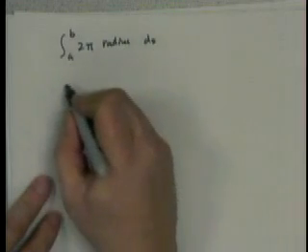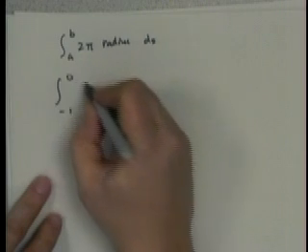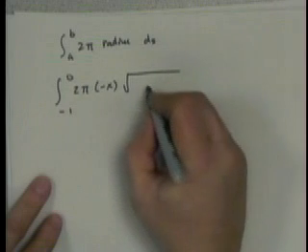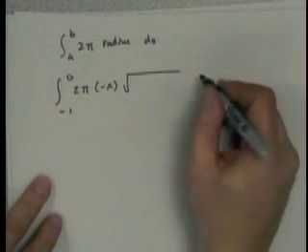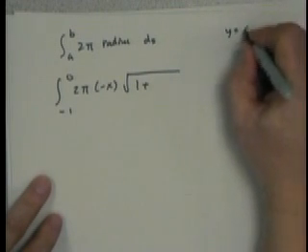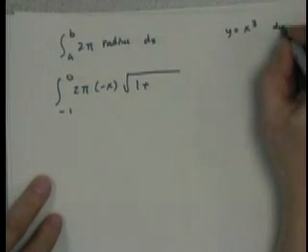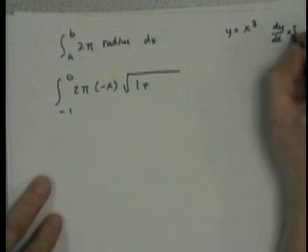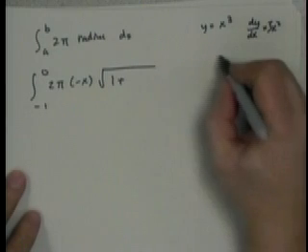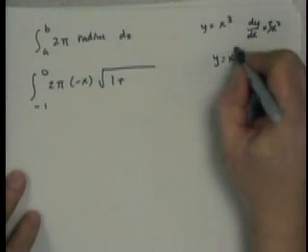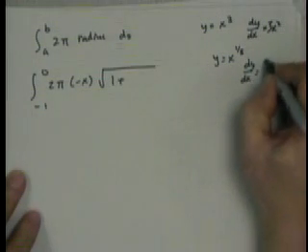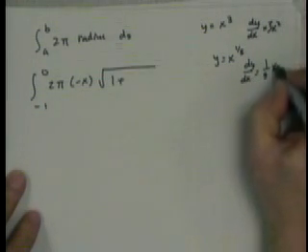So in our case, it's going to be the integral from -1 to 0 of 2 pi times negative x times the square root of, well, there's 2 of these again. So one of them, when y equals x cubed, I get dy dx equals 3x squared. And if y equals x to 1/3, for that one, dy dx is 1/3 x to the minus 2/3.